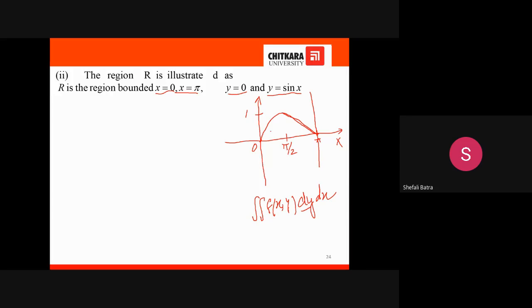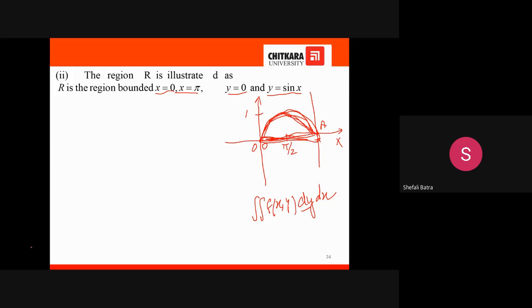This is the region of integration, O to A and A to O.